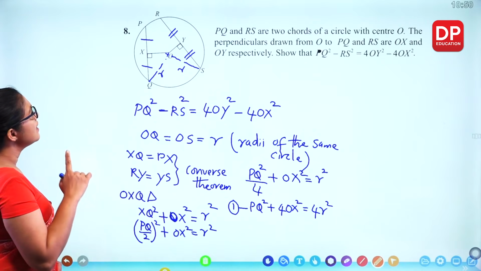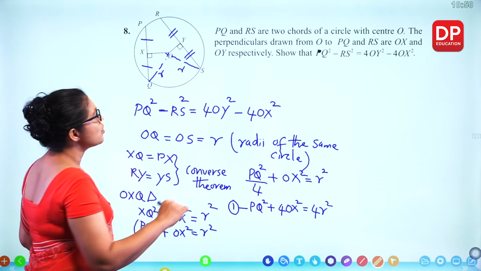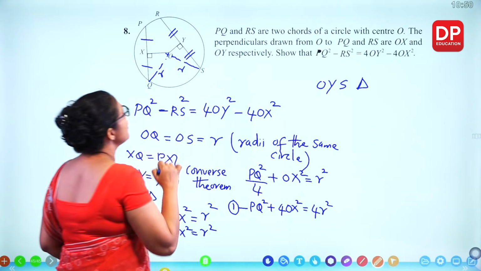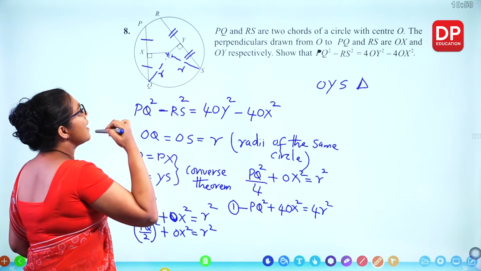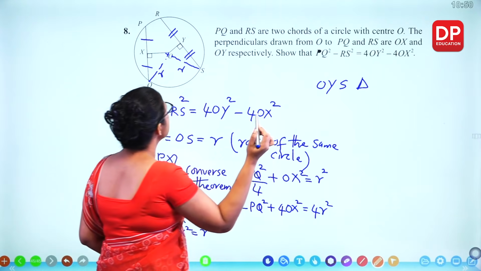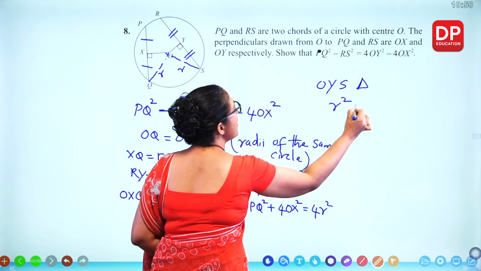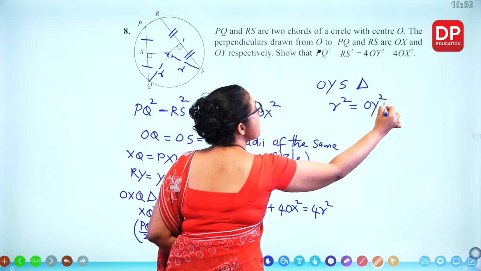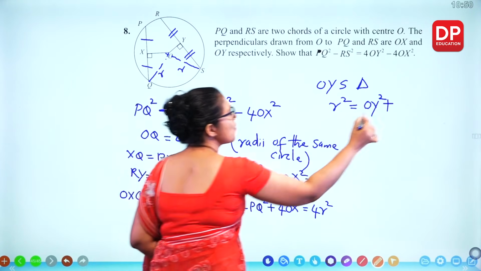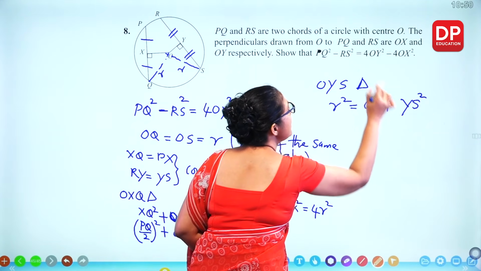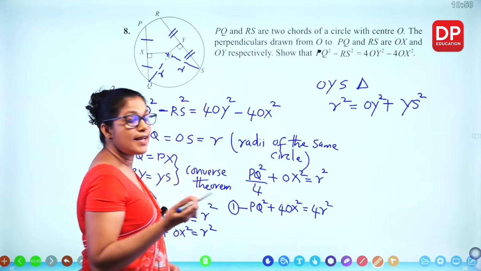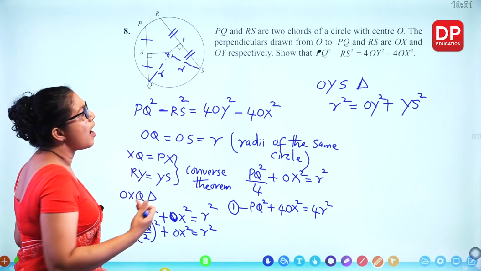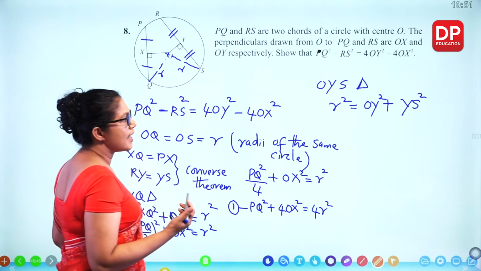Now we'll take the other triangle. When you take the other triangle, OYS triangle, what can you say about this triangle? I can write according to Pythagoras theorem, R squared is equal to OY squared plus YS squared. Again, in the given equation, YS is not there, so I can write in terms of RS. So what can I write?